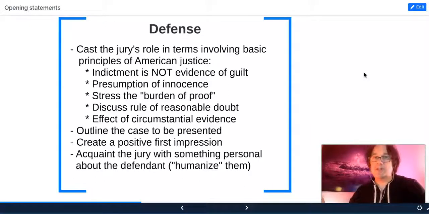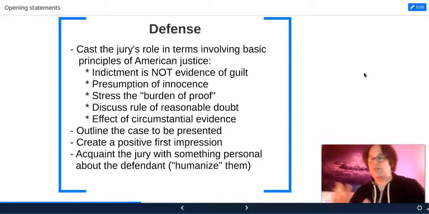Also, you want to make sure that you create a positive first impression, and here you want to do the opposite of what the prosecution is trying to do. The prosecution is trying to dehumanize or depersonalize the defendant. You want to humanize the defendant, call them by their first name, or maybe even by their nickname if they have a nickname, right?